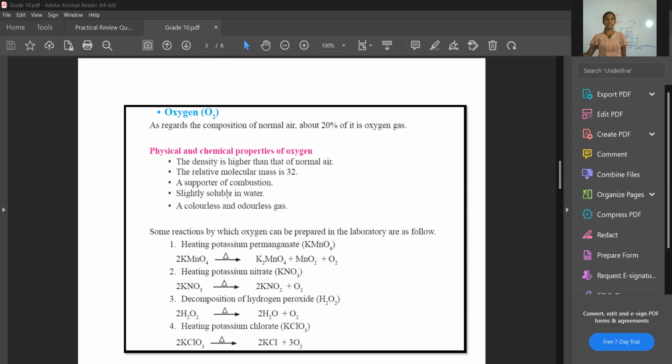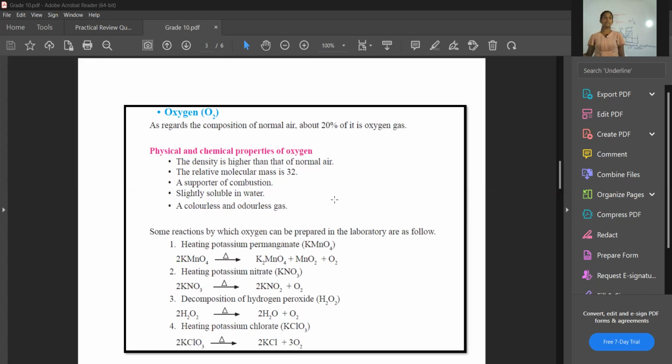And it is slightly soluble in water. Slightly soluble in water. What is the importance of dissolving oxygen in water? It is important for the, yes, what? For the aquatic organisms, because they cannot use oxygen in the atmosphere for their respiration.